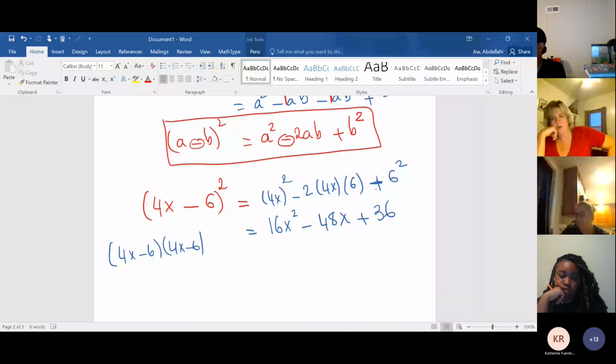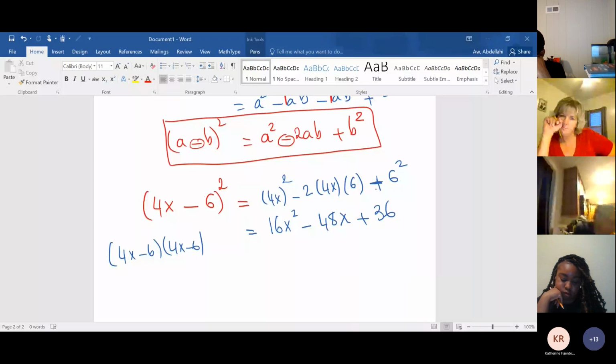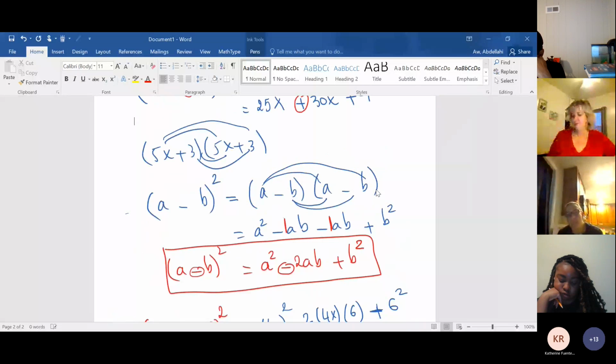So if somebody does not know the formula, will they be stuck next week? No. They can always distribute, okay? But if you know the formula and you are confident about it, you're going to go faster, and probably you're going to avoid mistakes. Okay. So now we're going to do something very, very important, right?